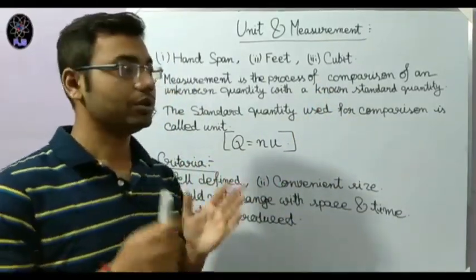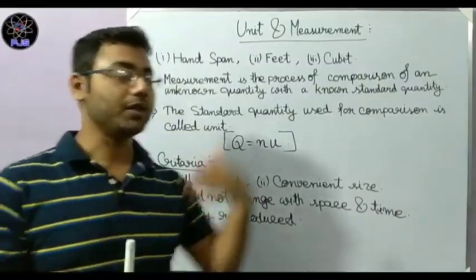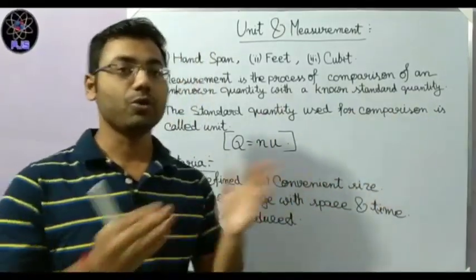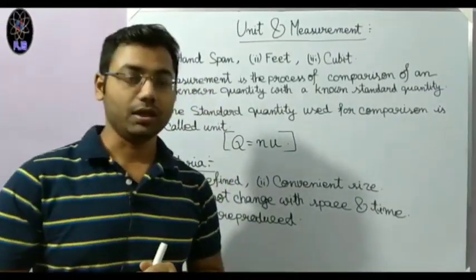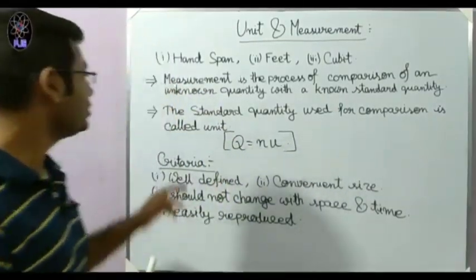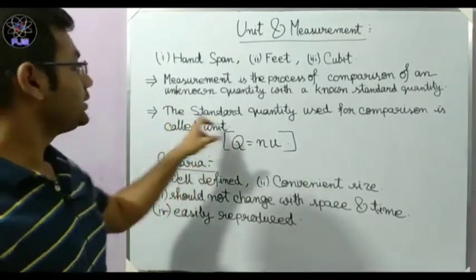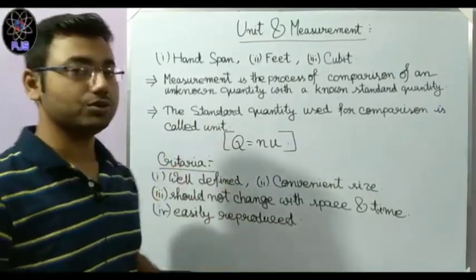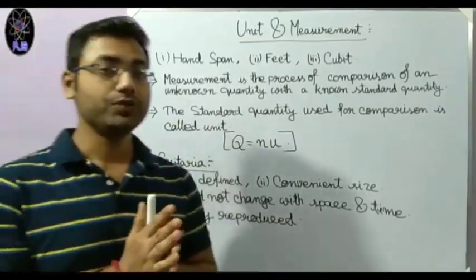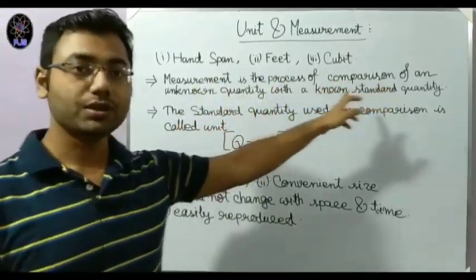Like जिस क्वांटिटी को हम लोग जानते हैं उस क्वांटिटी के साथ में और दूसरे क्वांटिटी जब हम कंपेयर करेंगे तो वो हम मेजरमेंट कहेंगे. ठीक है. उस तरह what do you mean by unit? The standard quantity used for comparison is called unit. जो standard माना जाएगा उसे ही हम unit कहेंगे. Like this types of unit.